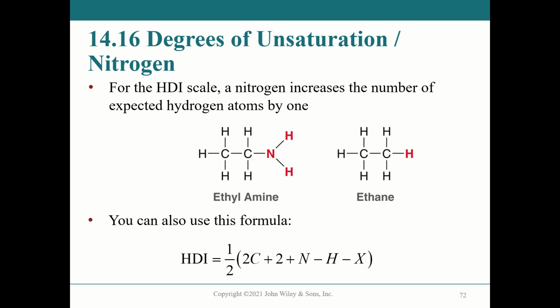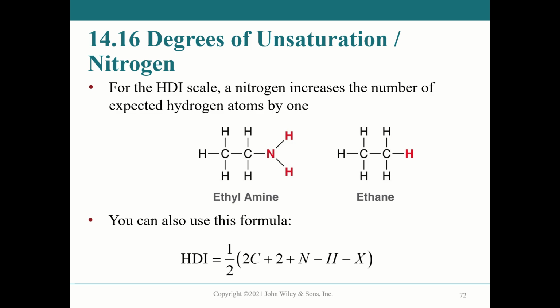Similar to ethane, where it's just 2 carbons, so 2 times 2 carbons is 4. 4 plus 2 is 6. Subtracting 6 hydrogen, that gets us to 0. And we don't have any nitrogens or halogens, so we don't have to worry about that in our formula.